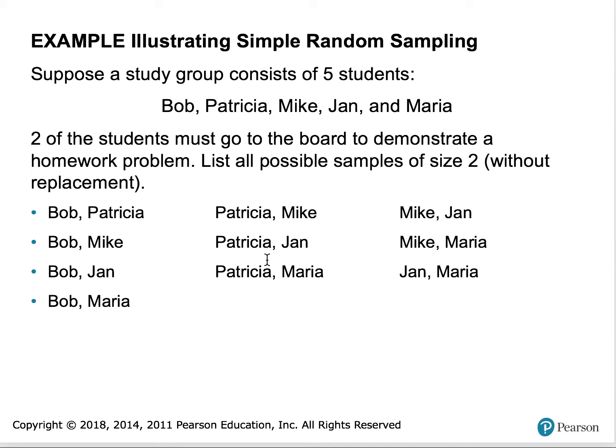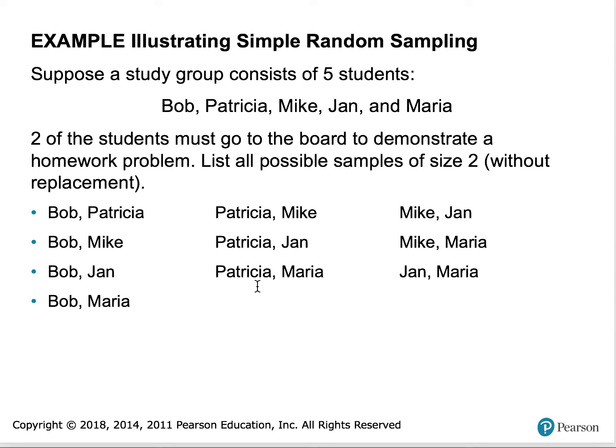Well, one thing we could do for something this small, we could just write them all on a piece of paper, since we've listed every combination, throw them in a hat and just stir them up and draw them out of the hat. That would be random. But usually the size of the population is so large that performing simple random sampling like that is not really practical.